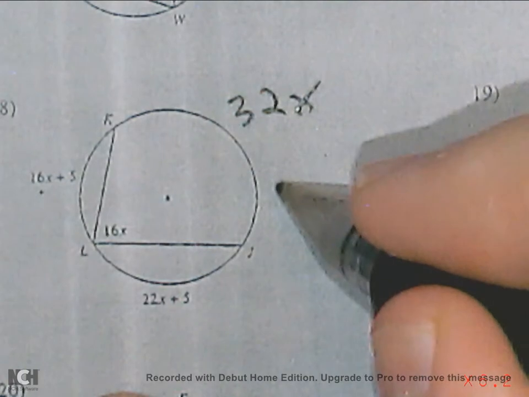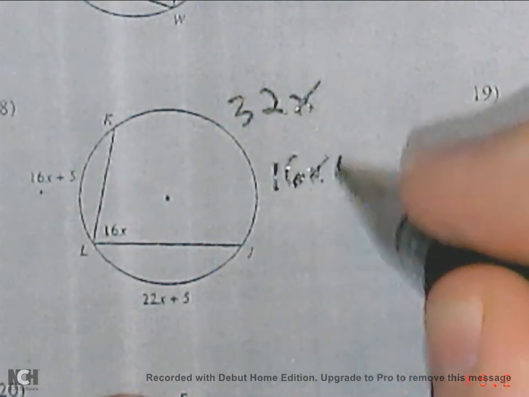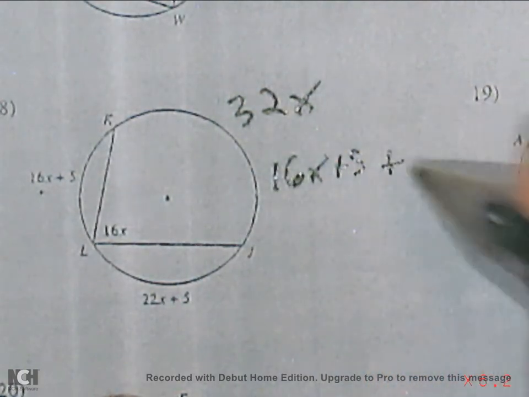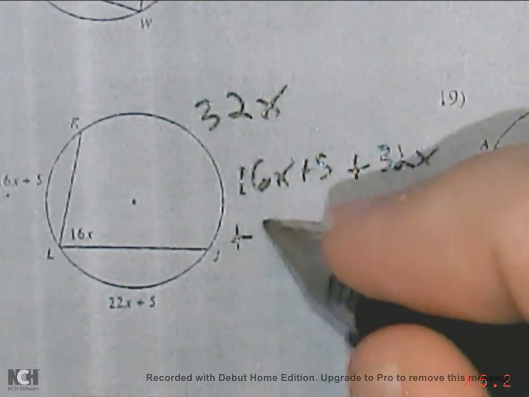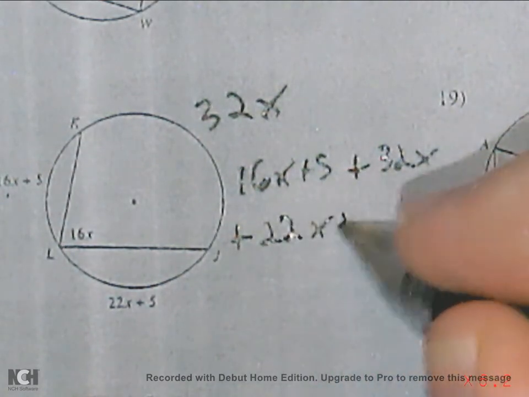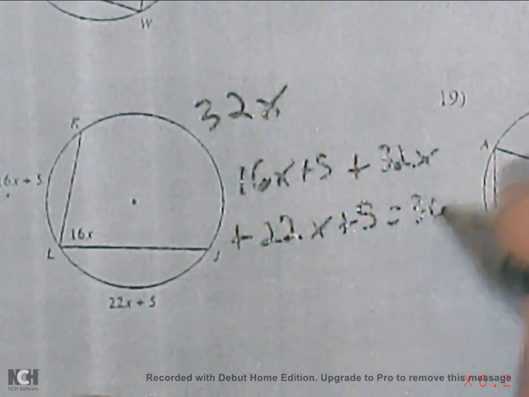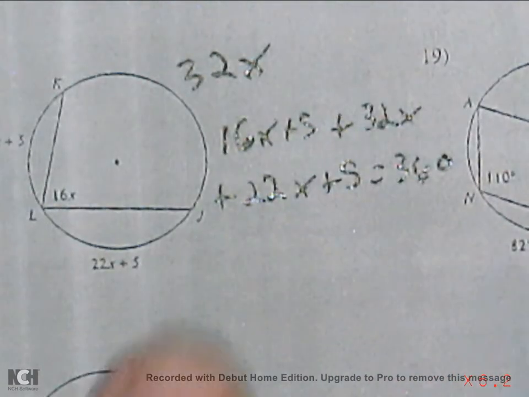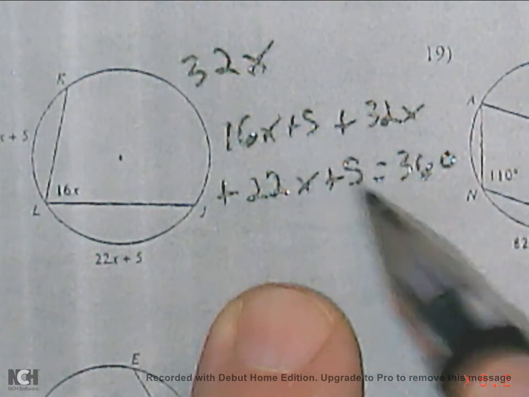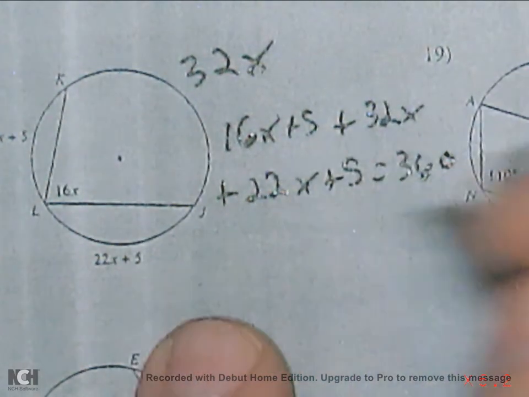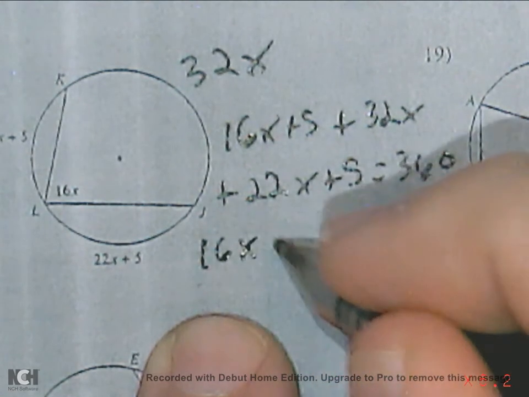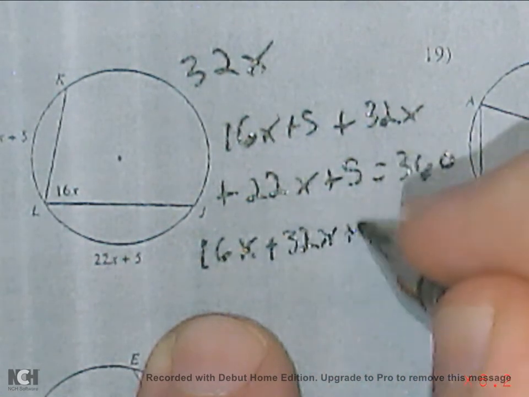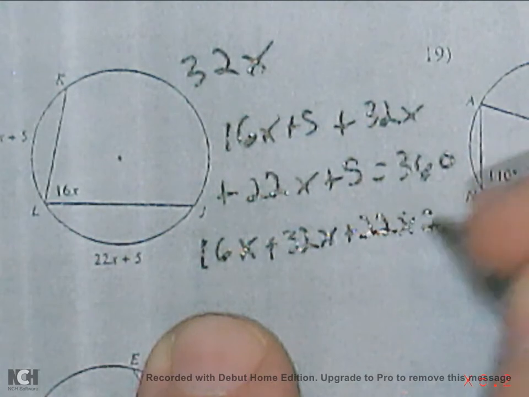So 16x plus 5 plus 32x plus 22x plus 5 all equal 360. And then I would take away the 2 5s, which become 10, right? Take those away and I would get 16x plus 32x plus 22x equals 350.